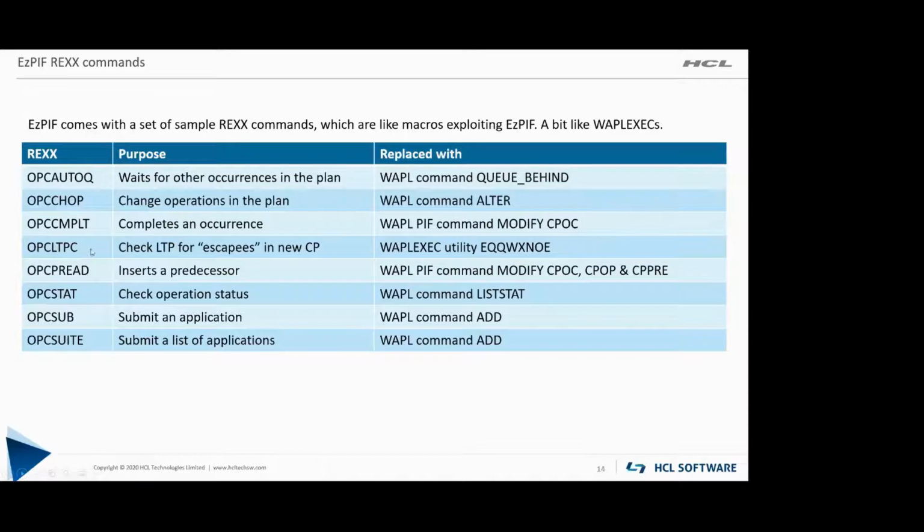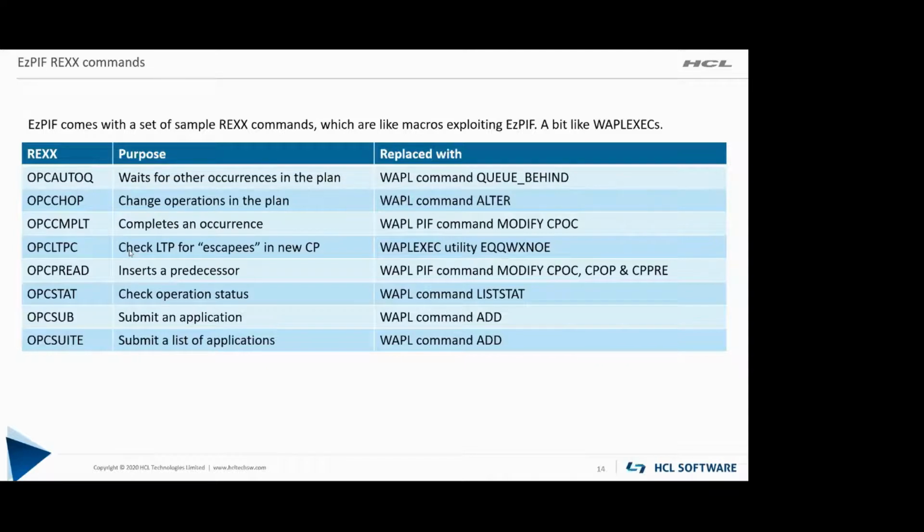There's a long-term plan check. This is a really useful utility that checks your long-term plan to see if your next extension of the current plan may have escapees. And what we mean by that is a job that has no predecessors, nothing to hold it. So when you extend the plan, it runs straight away, which usually is not what you intend.